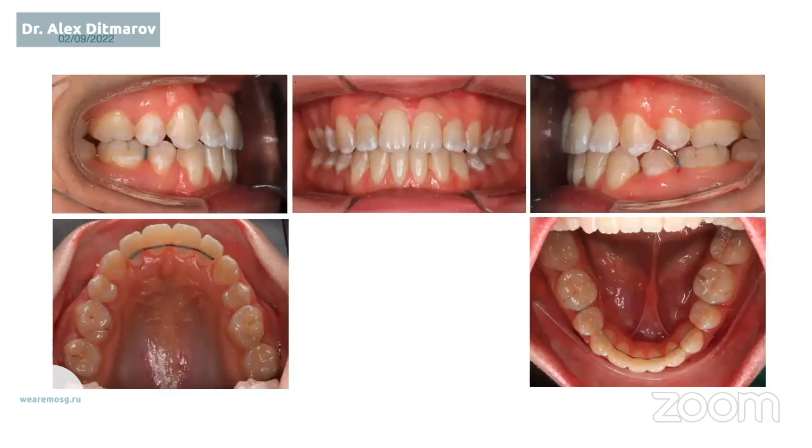What you can tell from these pictures, definitely his lower incisors are very much uprighted. And I'm not very comfortable about the periodontal status here in the labial segment. There is a high risk of development of recession down the road.